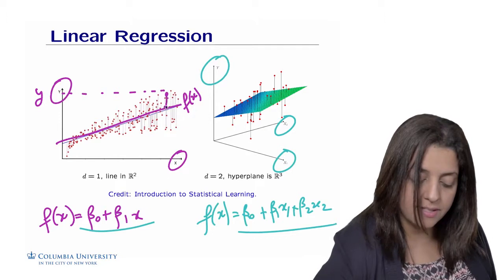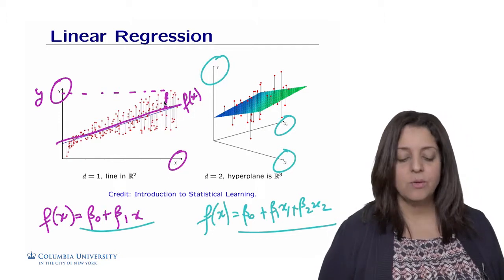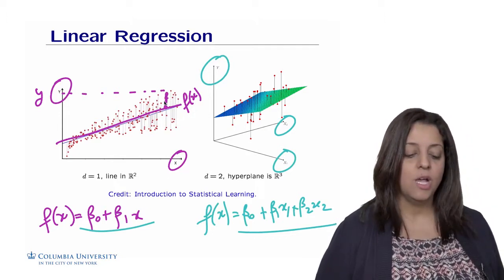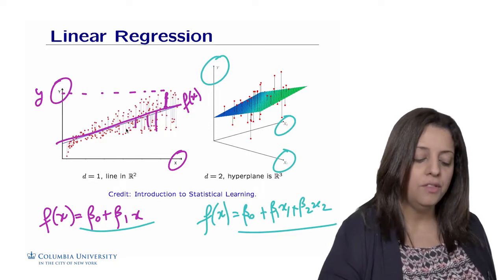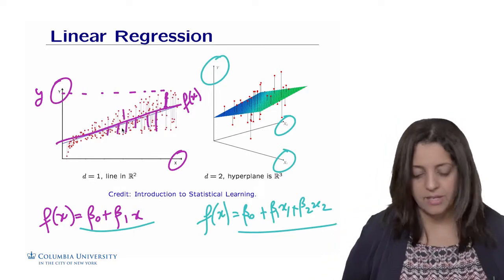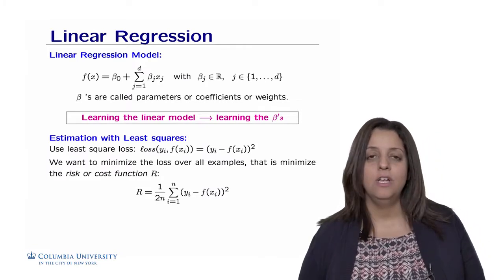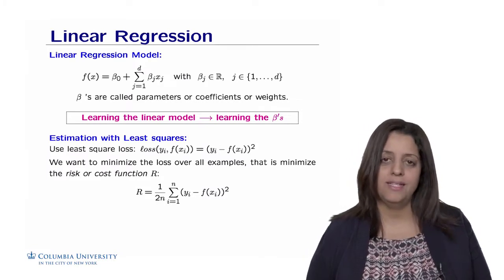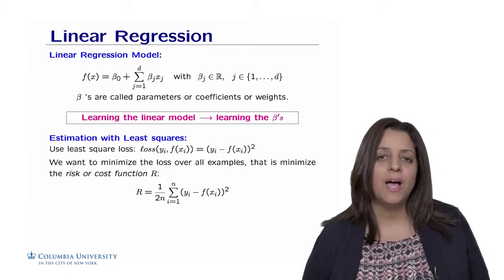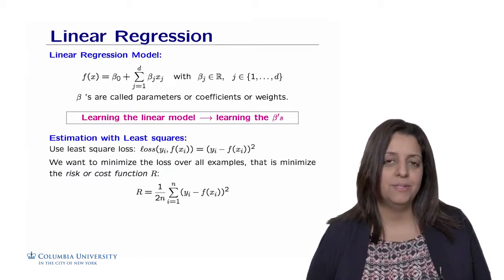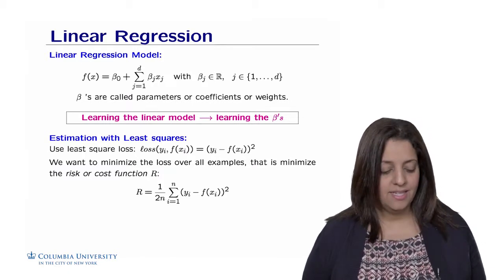We want this distance to be small. So we want to minimize this distance, but we want to do it over all the data points in our examples. So what we want to achieve is to minimize the loss over all the examples. We want to make as few errors as possible globally on the whole data set.